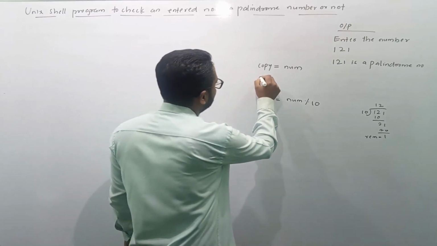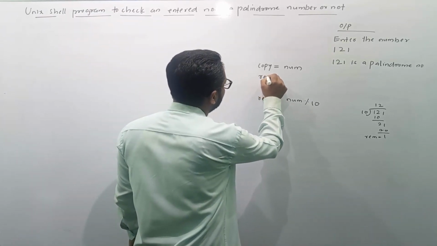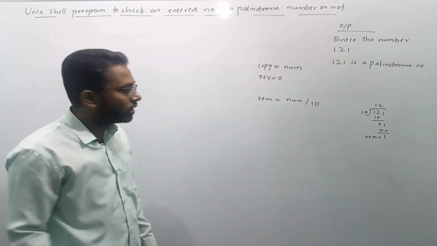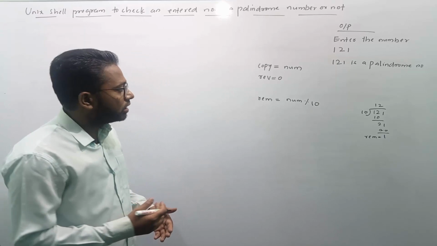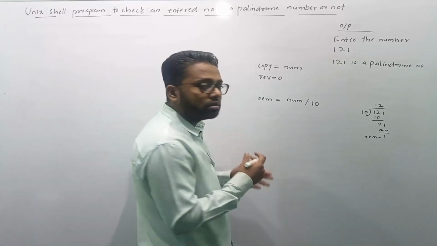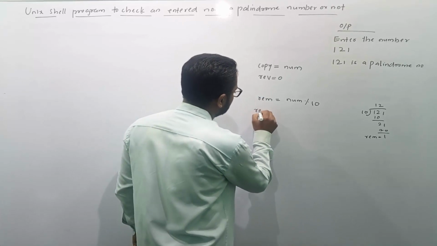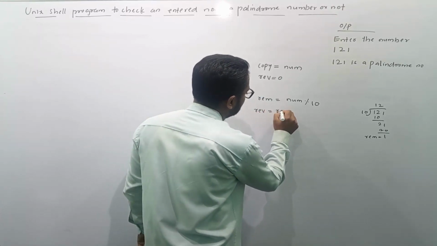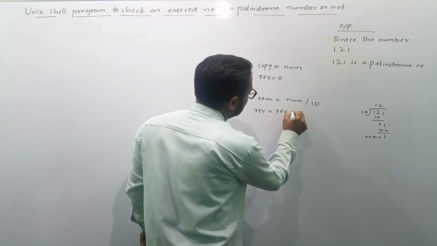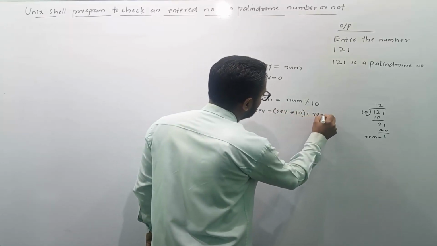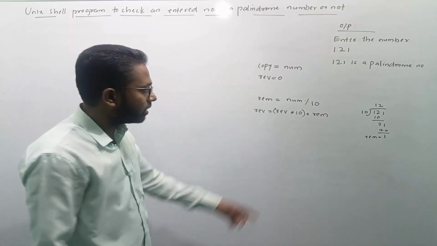Next, you need to use one more variable, let us say reverse, and I will initialize it with 0. The next step is to try to reverse that number. reverse equals reverse into 10 plus remainder.